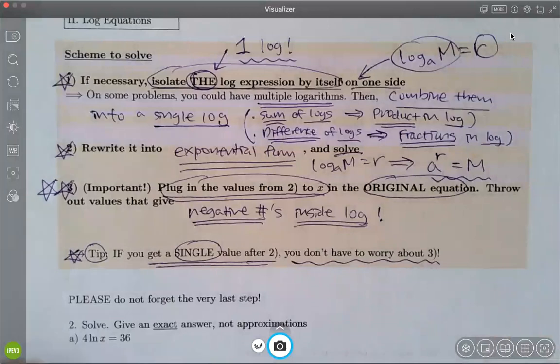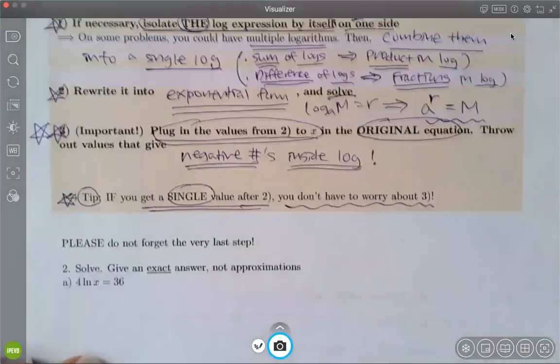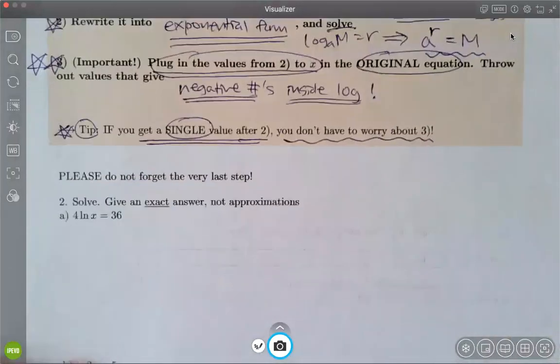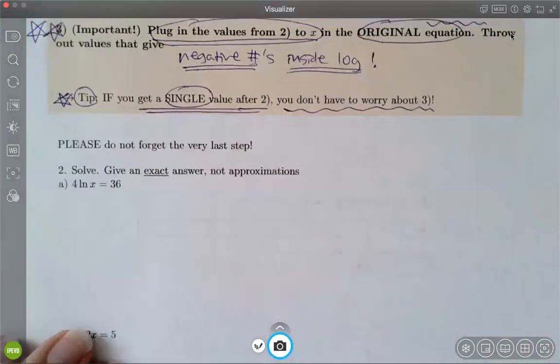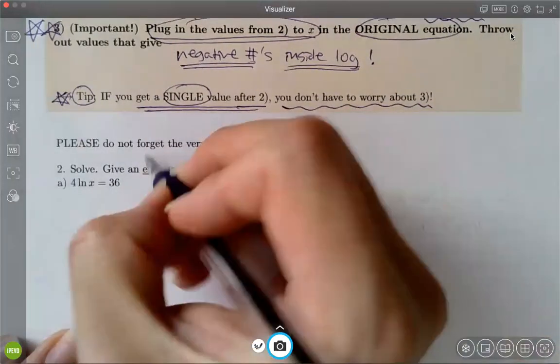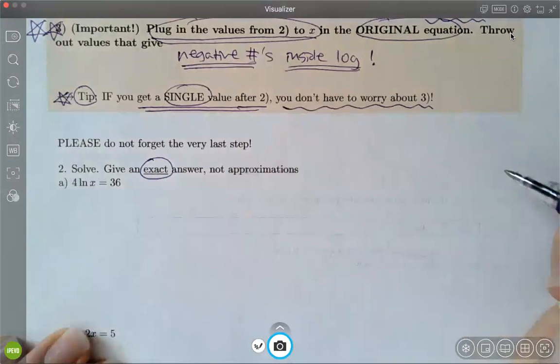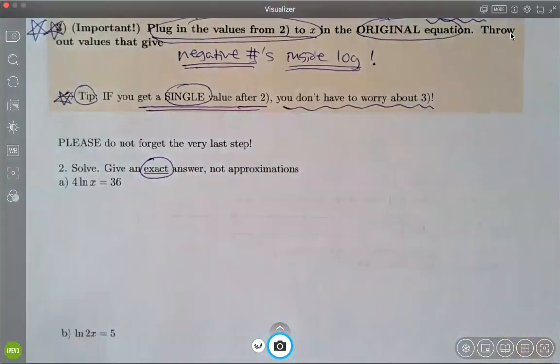So, okay, so now let's look at these problems. So, give an exact answer, not approximations. Okay, so now approximations are not allowed, and you will see why. So, part A, 4 ln x is equal to 36.